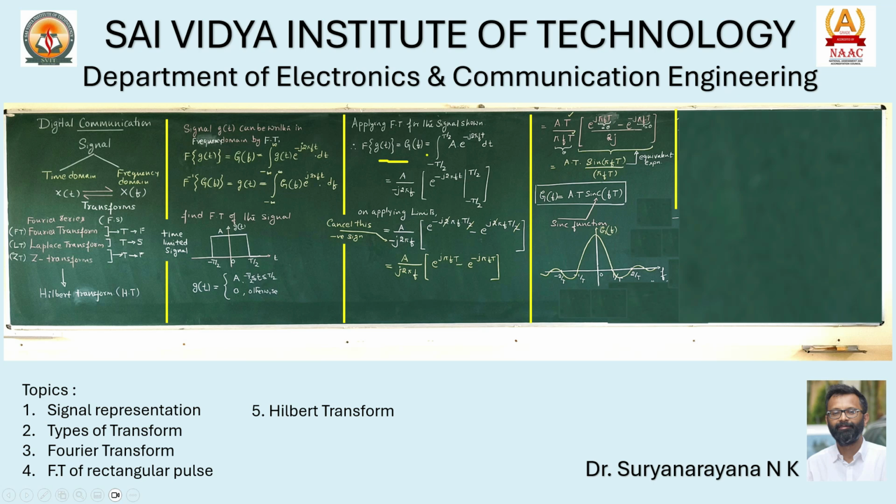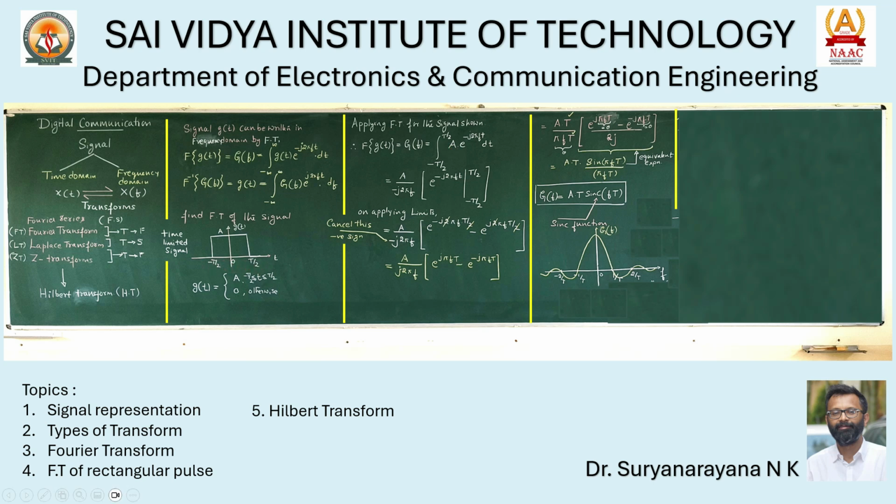G of f is equal to integration. Here I am going to consider minus T by 2 to T by 2 because the signal exists from minus T by 2 to T by 2 only. So what is the amplitude of the signal from minus T by 2 to T by 2?